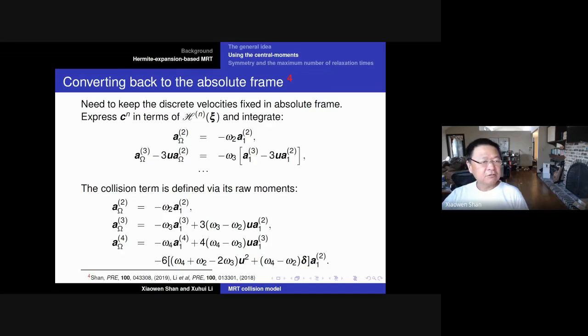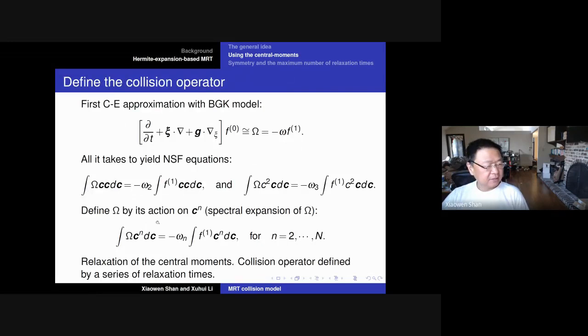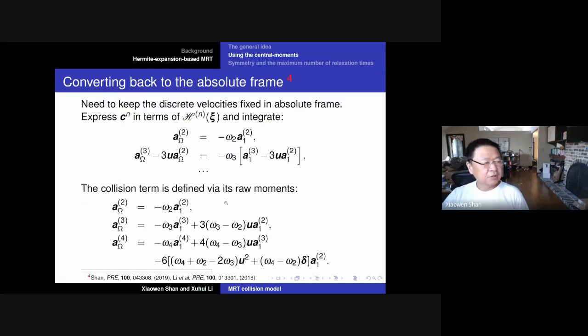But you can do that actually simpler just by expanding these C^n, where C is C minus U, the peculiar velocities. You can expand C^n in terms of Hermite polynomials in the absolute reference frame, C.